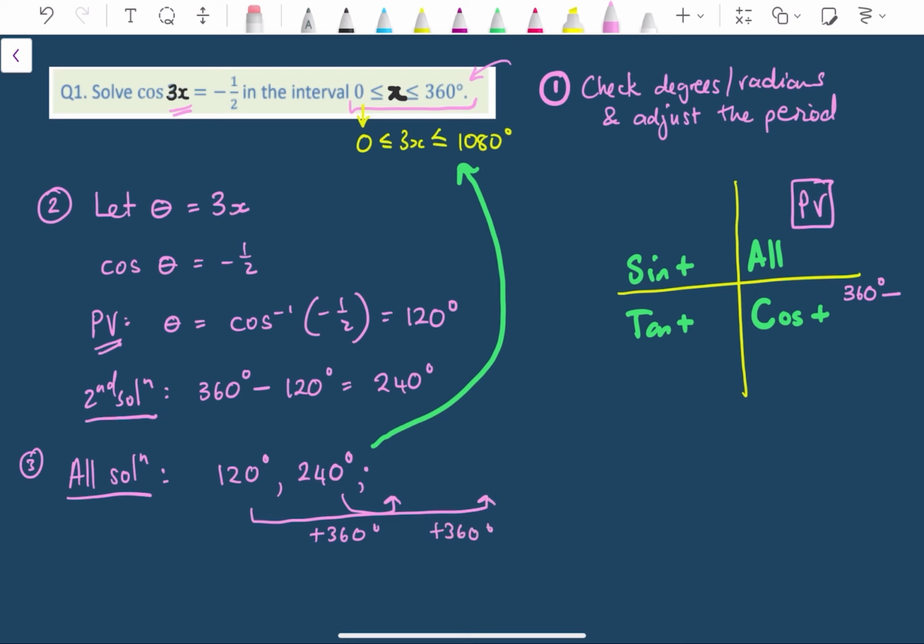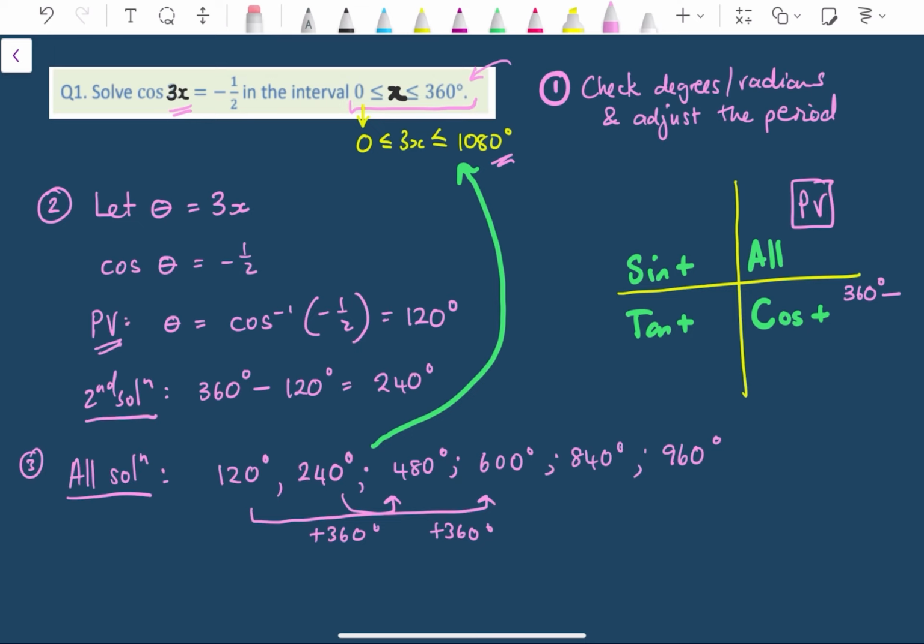So 360 plus 120 is 480. 240 plus 360 is 600. 480 plus 360 is 840. And 600 plus 360 is 960. And anything beyond this, because I just keep on adding 360, will be greater than 1080. So I found all my solutions.